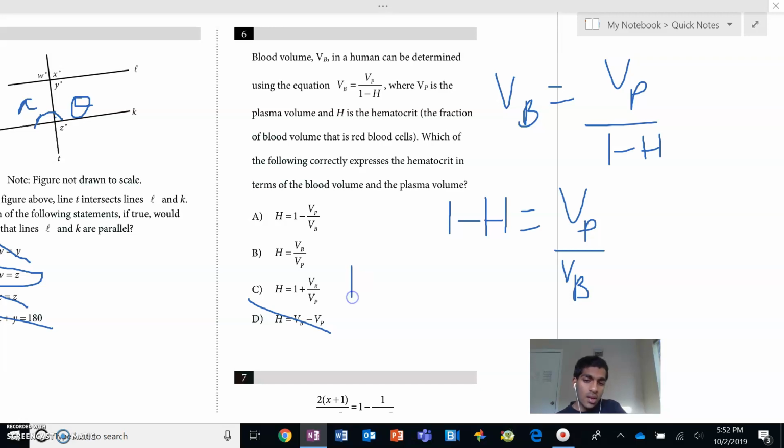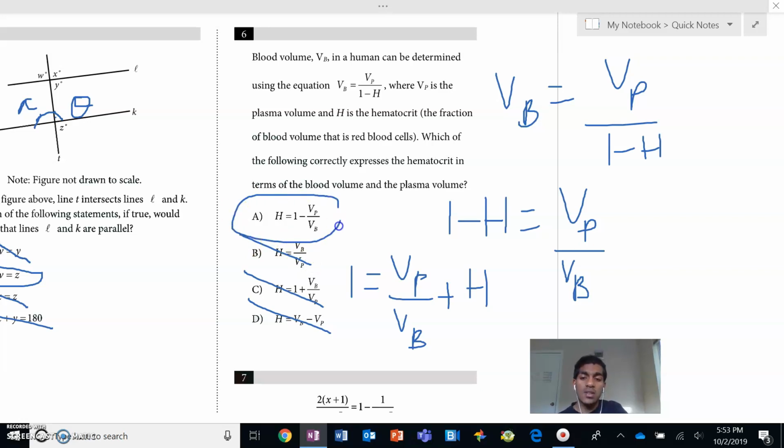That is 1 equals VP over VB plus h. Okay, choice C looks identical to this, but it's not quite. So I'm just going to get rid of choice C because I know that if I am to solve for h, VP over VB is to have a negative sign. So I just go look for it and A is my answer.